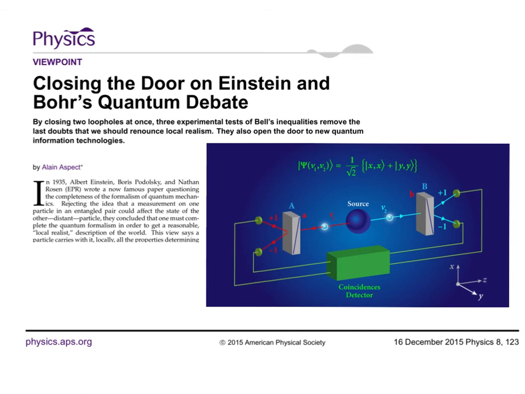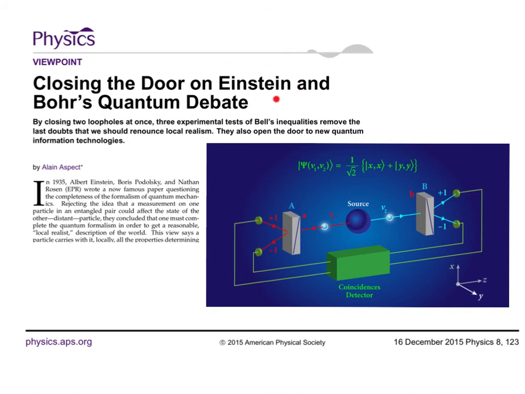All of the possible loopholes have now been closed, and it's an experimental fact that quantum mechanics agrees with experiment, and any hidden variable theory that is possible is in contradiction with well-established experimental facts. So that's closing the door on the Einstein and Bohr debate.